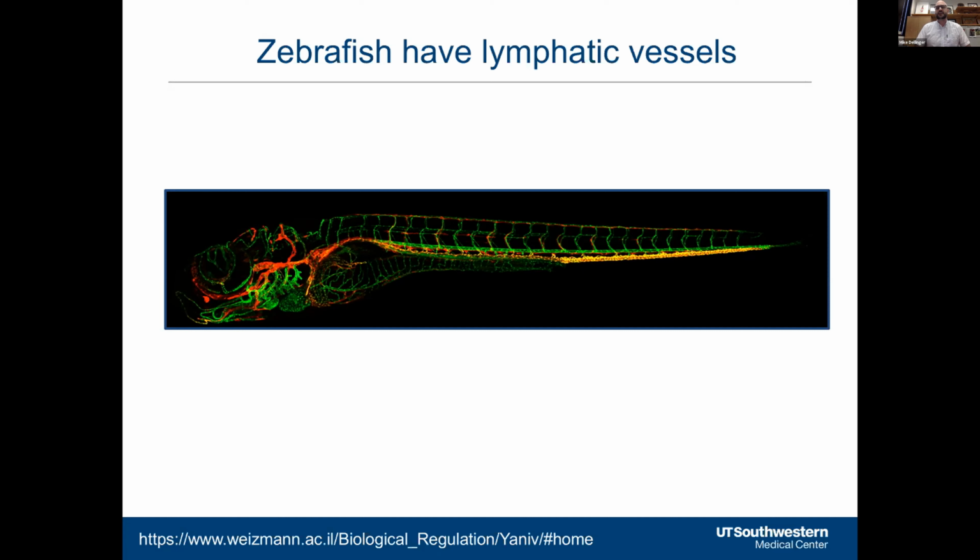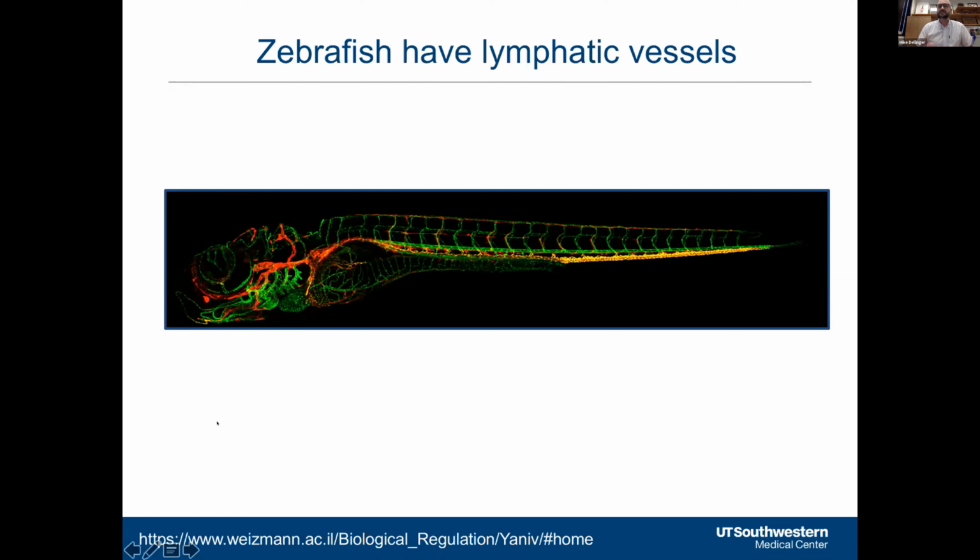Zebrafish are advantageous for research because the embryos are optically transparent. We can see through them, and that allows investigators to take these really nice images of the lymphatic network. They're also extremely tiny. Zebrafish embryos are about the size of a penny or smaller. And you can easily manipulate these and treat them with drugs and have multiple zebrafish in a small area.